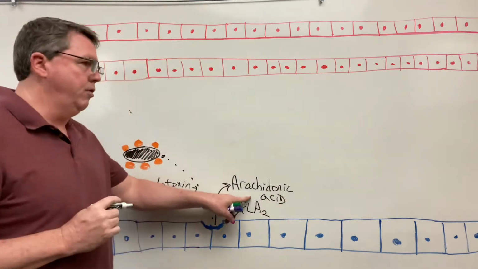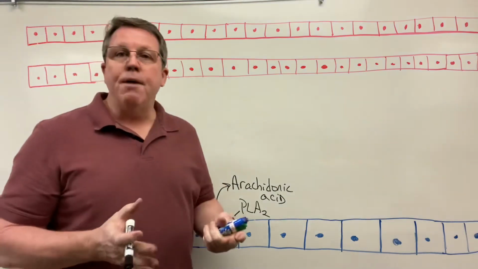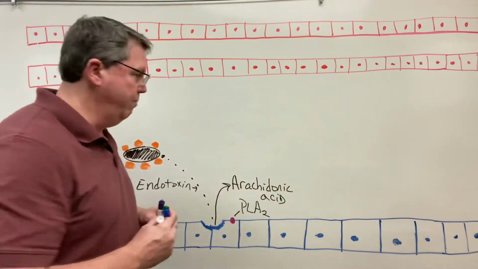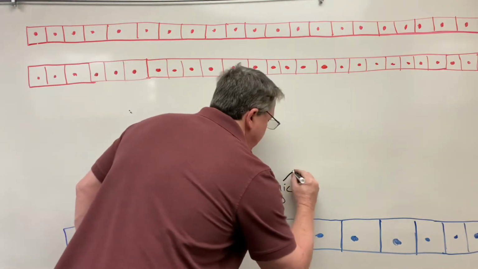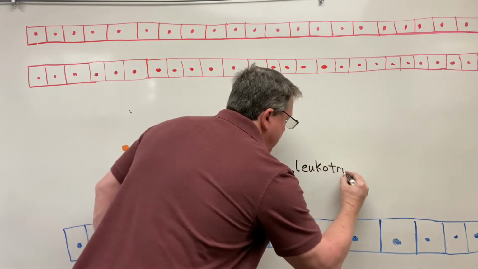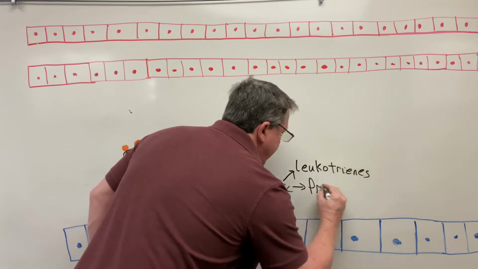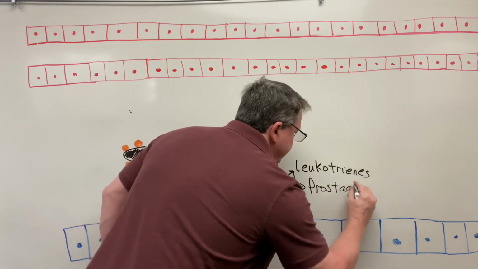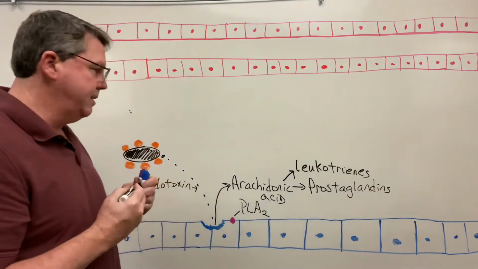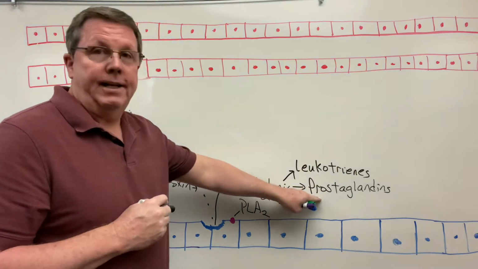Now, what's going to happen with the arachidonic acid is some other enzymes are going to break this down into leukotrienes and also into prostaglandins. Okay, so my arachidonic acid has been broken down into leukotrienes and prostaglandins.